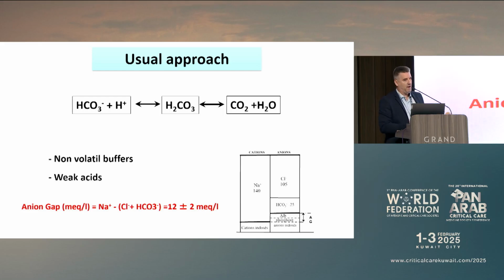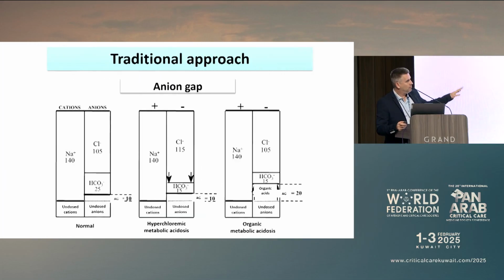And we have the anion gap that is able to differentiate the metabolic acidosis due to an organic ion accumulation, the undosed anion, or the discrepancy between the sodium and the chloride in favor of chloride. An accumulation of chloride will bring a metabolic acidosis.